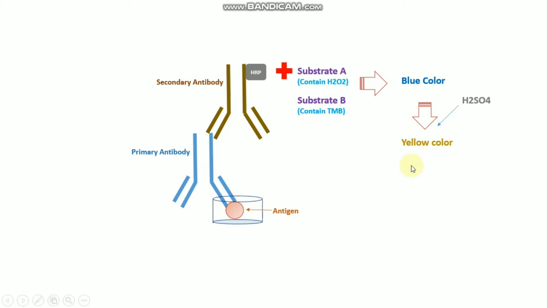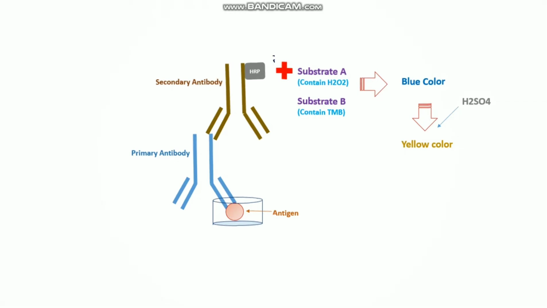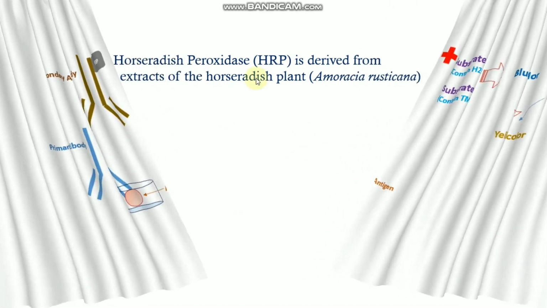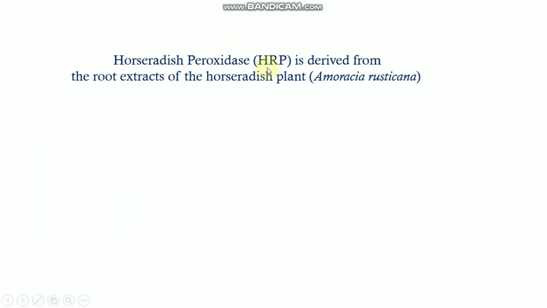This yellow color is very stable, and it is read under a 450 nanometer wavelength. Next we need to know about HRP activity. HRP is an enzyme derived from the root extract of the horseradish plant, whose scientific name is Armoracia rusticana.